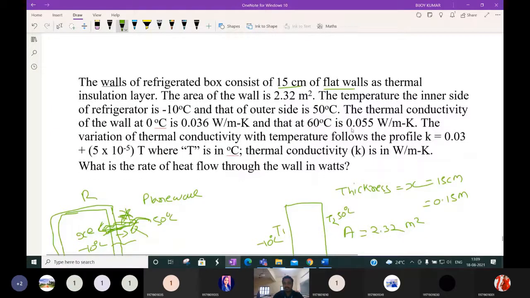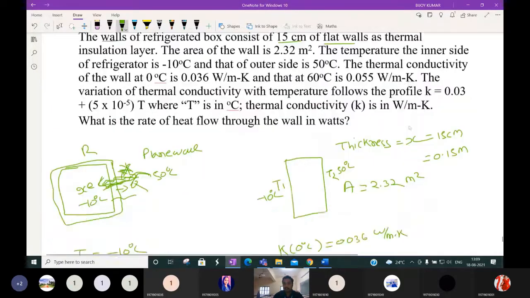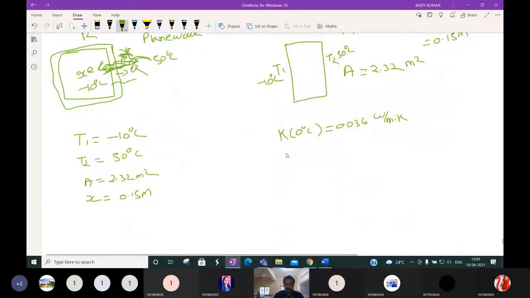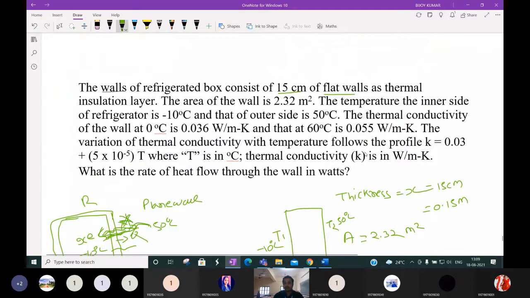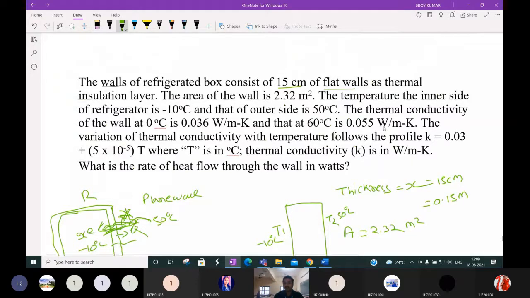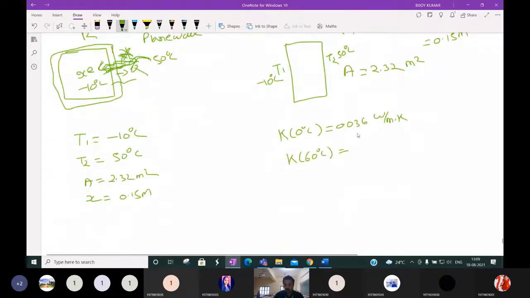And at 60 degree centigrade, it is given 0.055 watt per meter Kelvin.